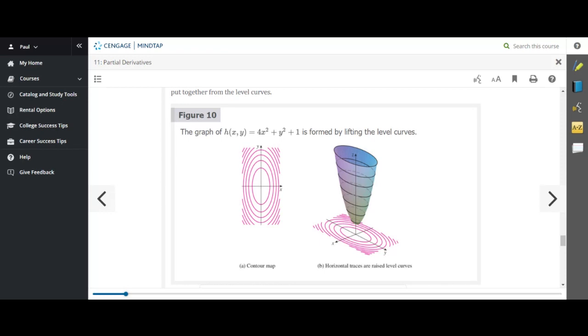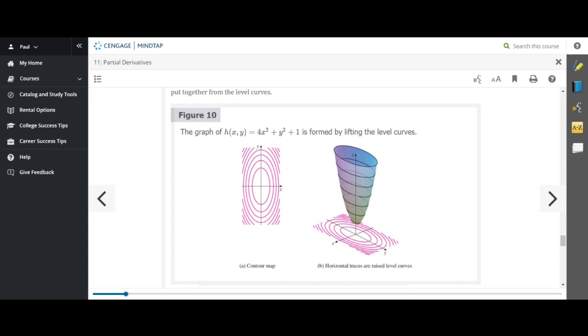Are the level curves getting closer together or farther apart as we move up from the origin? Well, let's look in terms of the x-axis. It's easier to see the x-axis. It's getting closer together, as you're saying.